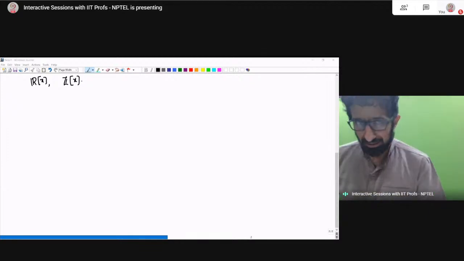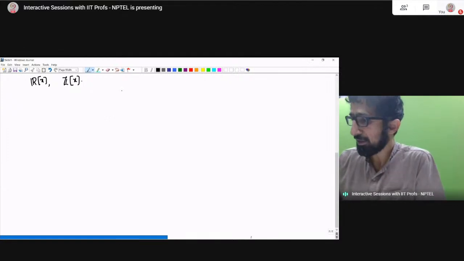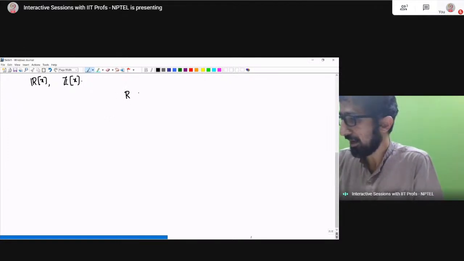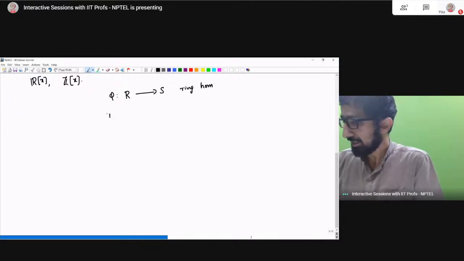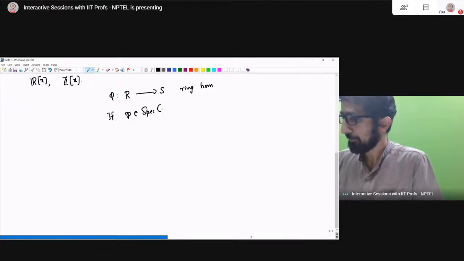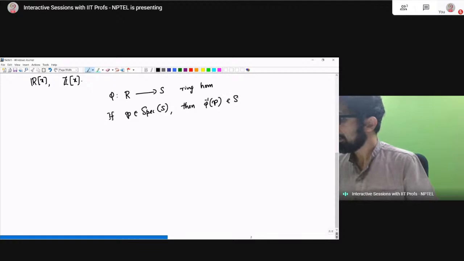Let me say one more thing. See, if you have a ring homomorphism from R to S, okay, phi is a ring homomorphism, and if P is a prime ideal in S, then we know that phi inverse of P is a prime ideal in R, right?